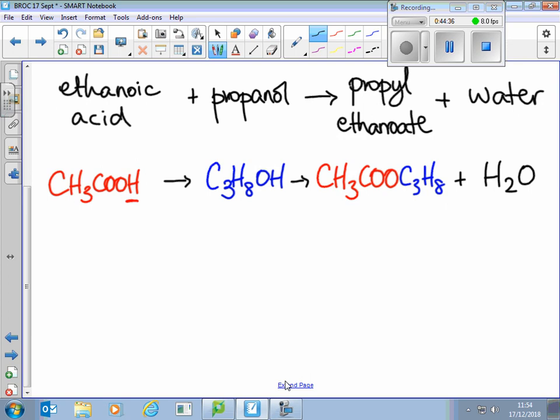Okay, now I've introduced these because they turn up in, I think, the second learning outcome of the new chemistry unit, energetics, kinetics and redox. The kinetics bit is about rates of reaction, and there's a couple of examples that use esterification reactions, so it was just worth writing an example out.